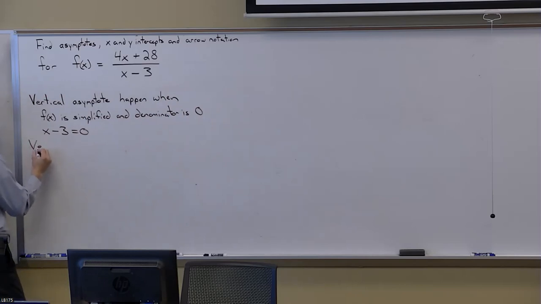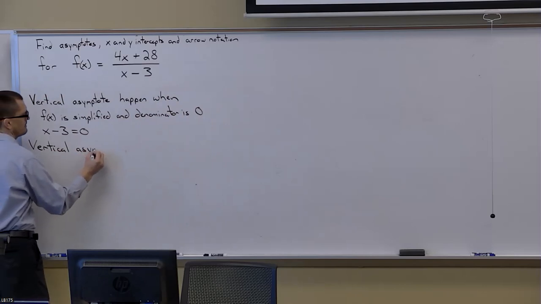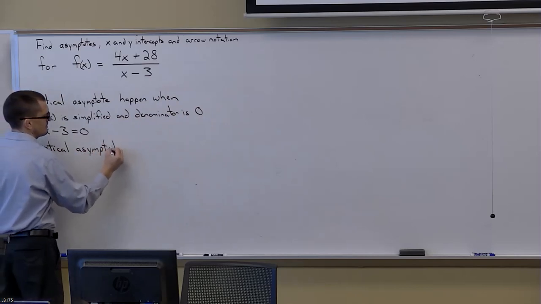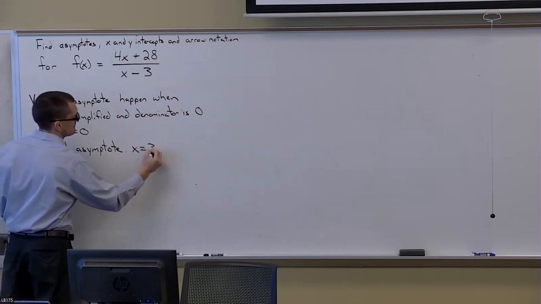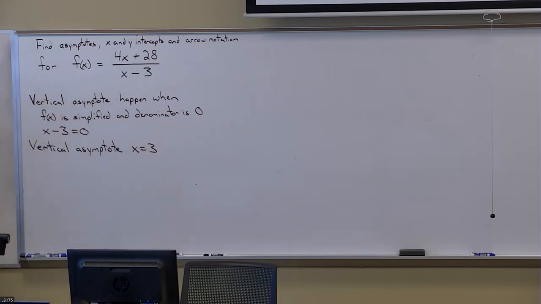So we have one vertical asymptote and it's x equals 3.